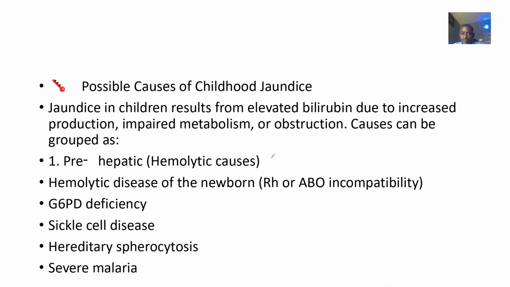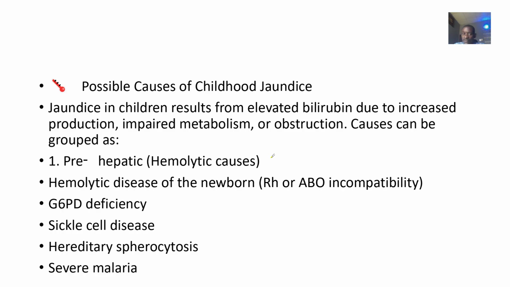Causes of jaundice: you have causes because maybe the bile tract was blocked. You have causes because the bilirubin did not conjugate. Then which causes again? You have causes because red blood cell breakdown is too much, producing too much bilirubin.